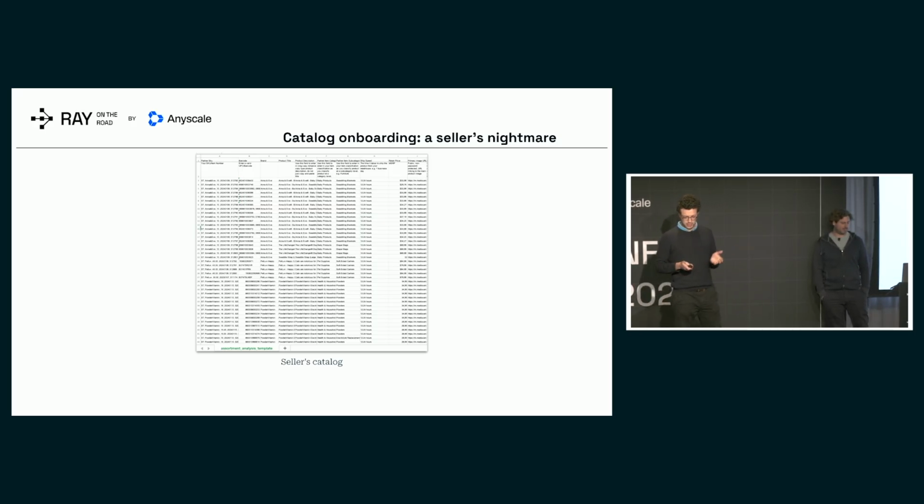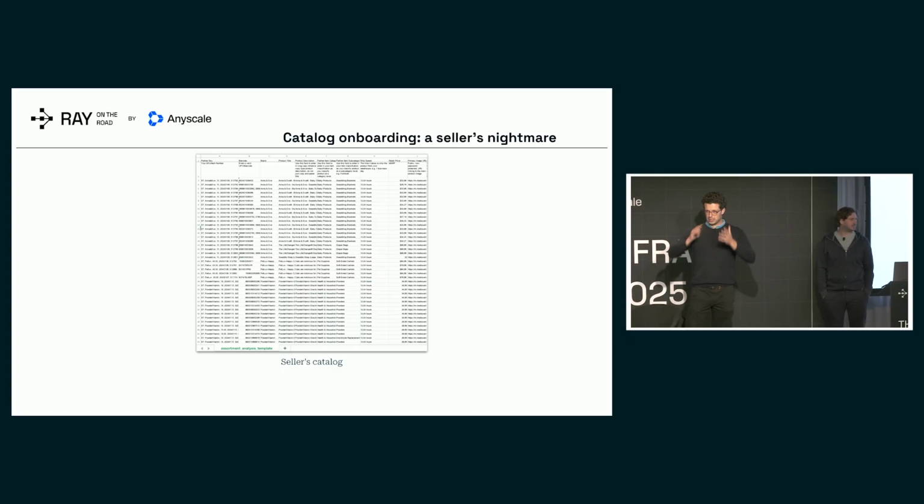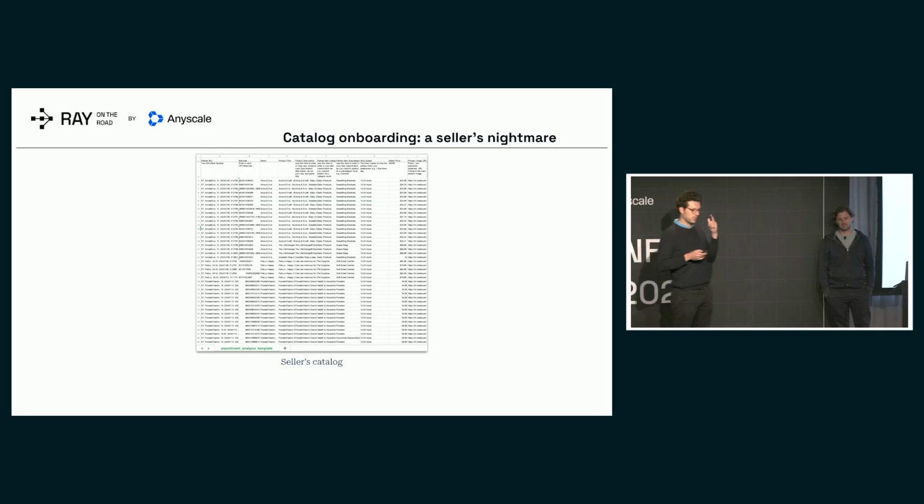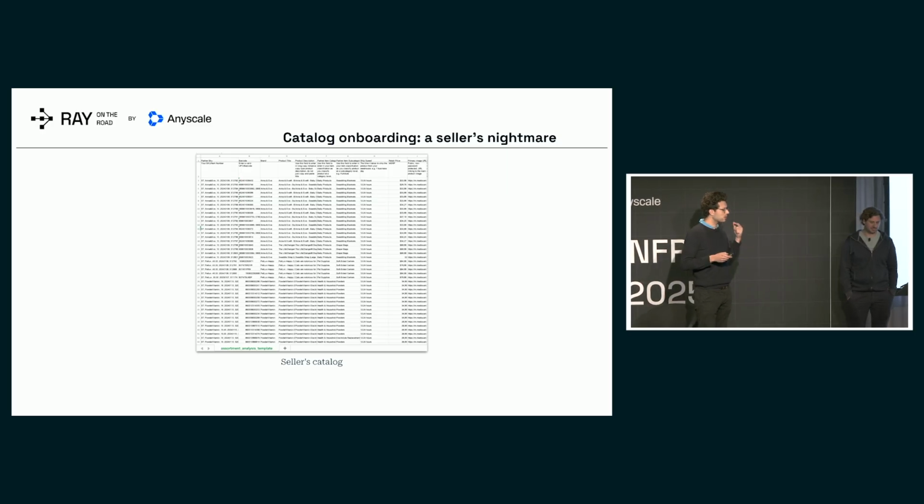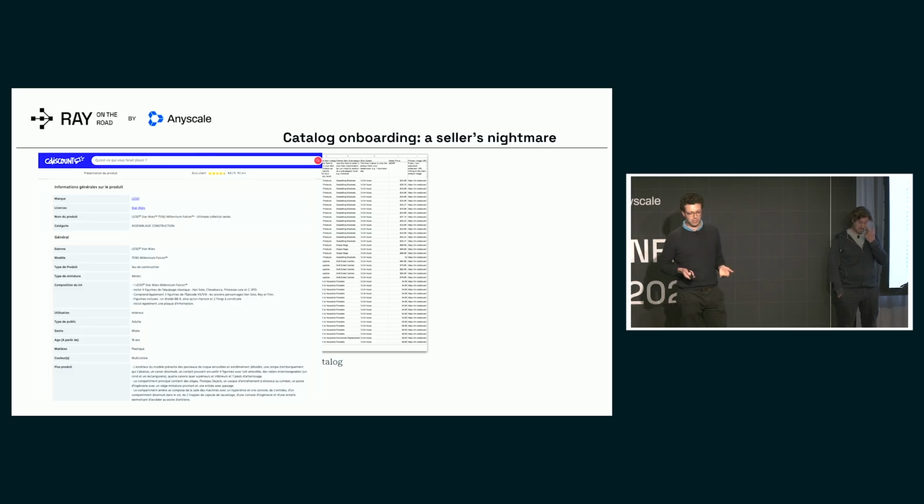Basically, a seller, before selling to a marketplace, is going to have to put all of this data into the marketplace's data model, meaning categories, then for each category, some attributes, and also a lot of validation on attributes. And this format is very custom from one marketplace to another.